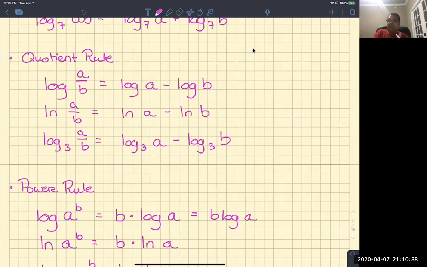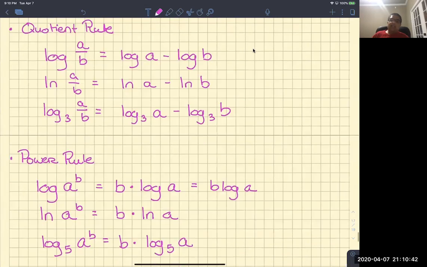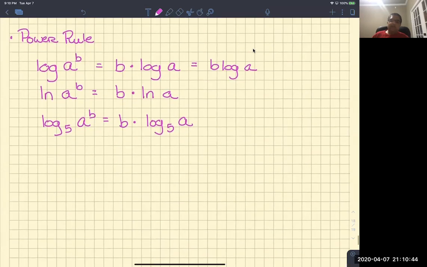The quotient rule allows me to change division into subtraction. And lastly, the power rule: the log of a to the b power is equal to b, the exponent, times the log of a, the base. So I'm changing an exponential or power to a multiplication problem.